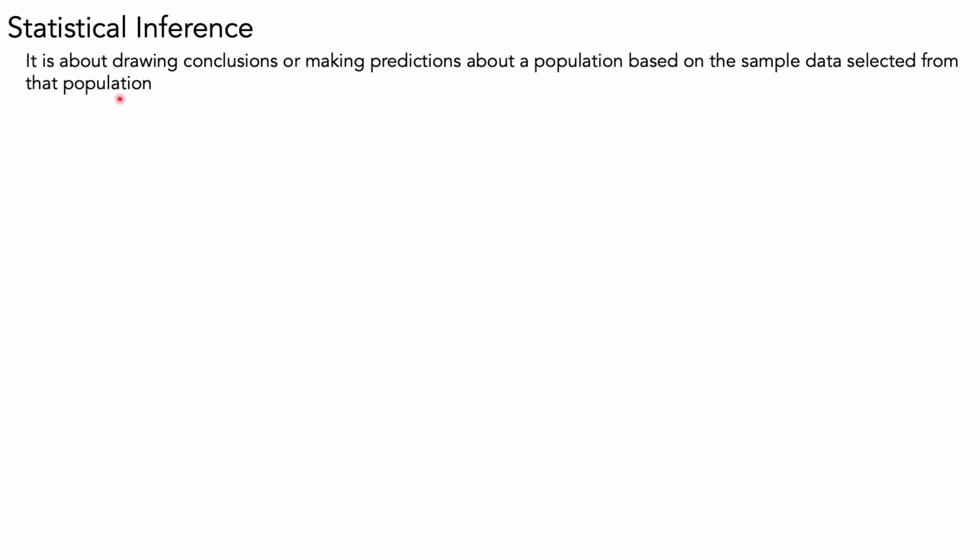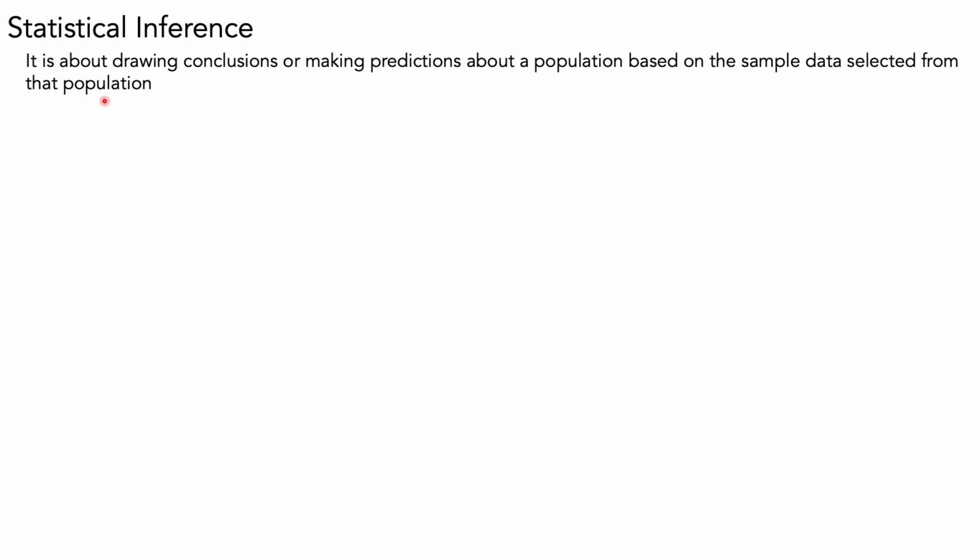It means that we actually want to know about the population, right? So we want to know something about the population, but we cannot measure every item or everything in the population.